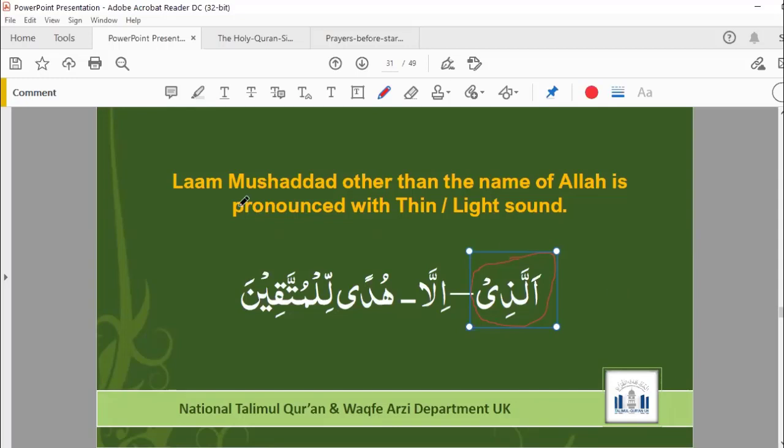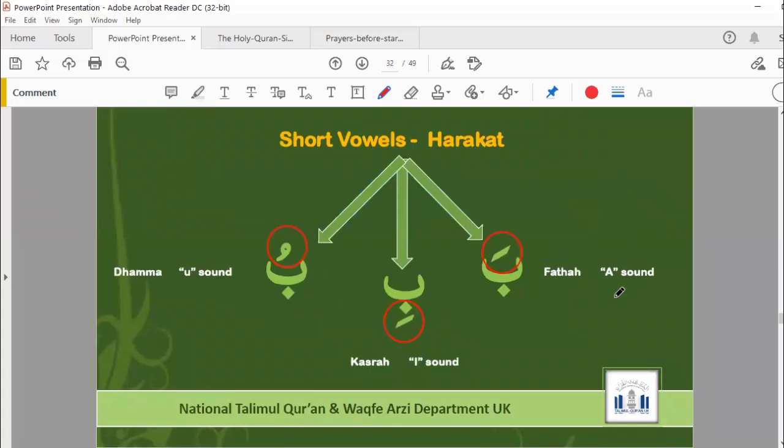You see, that is wrong because it isn't the name of Allah. Now it will be Allazi, illa, not illah, illa. Every other lam is always thin, apart from the lam Jalala in the word Allah. Otherwise lam is always thin. Okay, thank you very much.